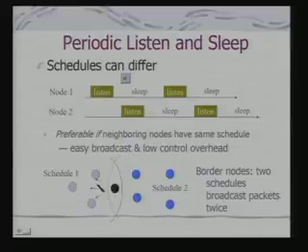When these packets are getting broadcasted, these nodes are following a sleep schedule. Since they are sleeping, this packet cannot be received, so I have to have another broadcast. So, neighboring nodes following different schedules increases control overhead, because you have to do multiple broadcasts. So, it is preferable if neighboring nodes have similar schedules.